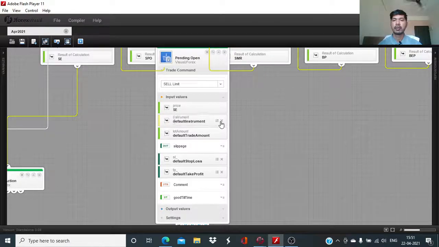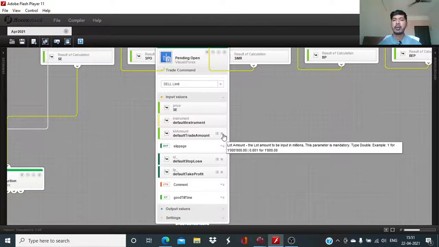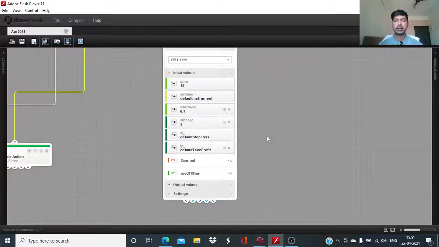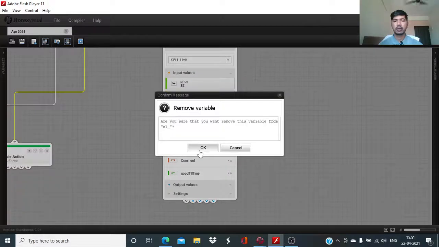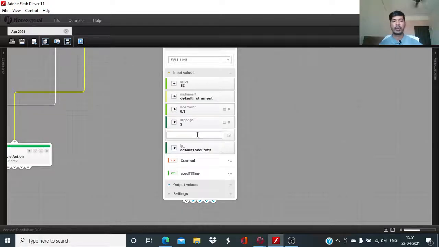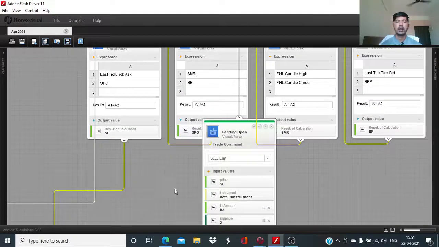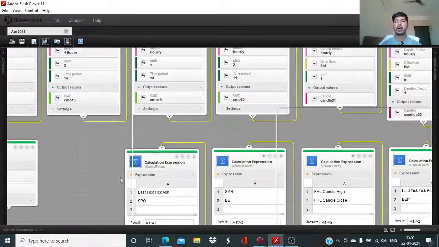Trade amount I will change to 0.1 million. Slippage will be 2 pips. Stop loss is going to be 15 pips, and take profit 30 pips. Then comes the question of defining order validity, which we will do shortly. I think order validity of 2 hours should be good enough.